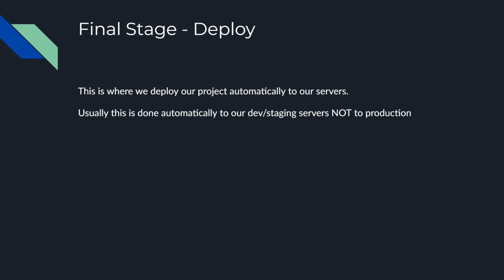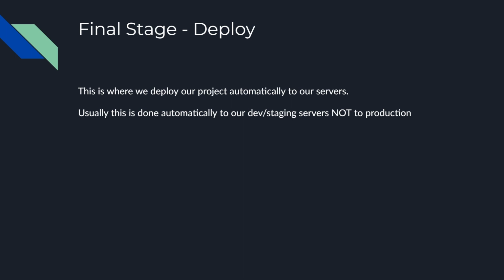And the last phase is deploy. This is where we deploy our project automatically to our servers. Again, we'll be doing this phase later, I'm sure. This is usually done automatically to our dev staging servers and not to production. Generally speaking, you don't want to just throw your stuff into production, especially if it's been a merge. Even if everything's passed, you might not want to do that.